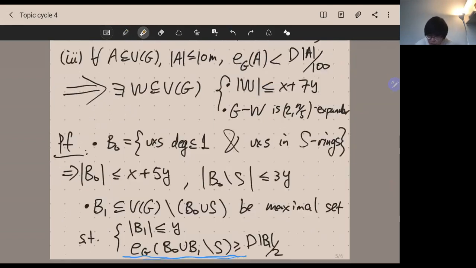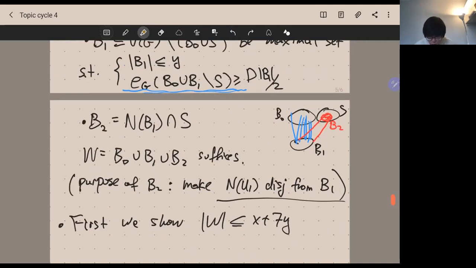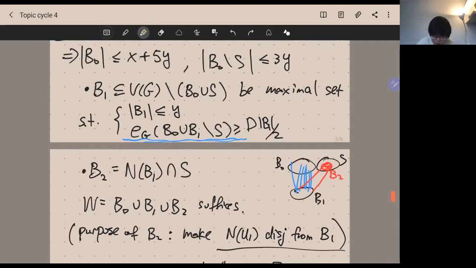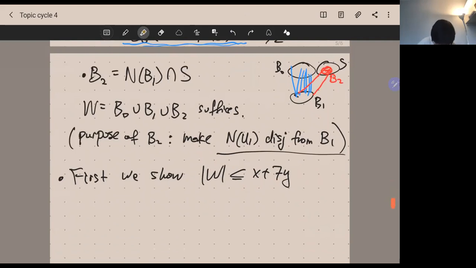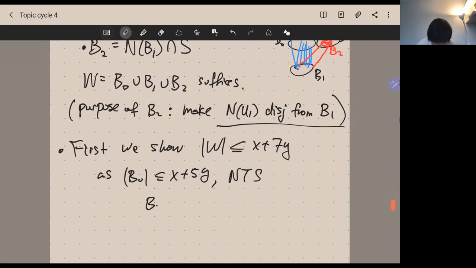Let's first prove that it's small. We know B0 is at most x plus 5y, right? So we just need to show that B2 is at most B1, which is at most y. Okay?